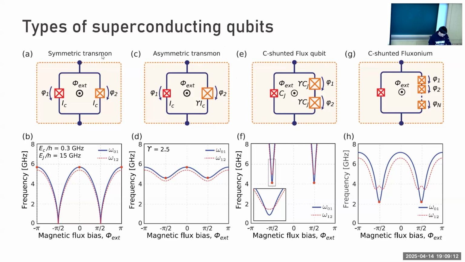So the symmetric transmon has symmetric junctions in the circuit, and asymmetric transmons have asymmetricity, so we can use a more usable transmon here. Also, the C-shunt flux qubit and C-shunt fluxonium show the properties of transmons.